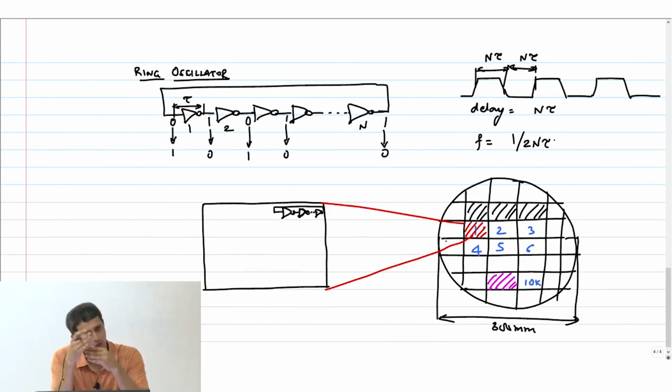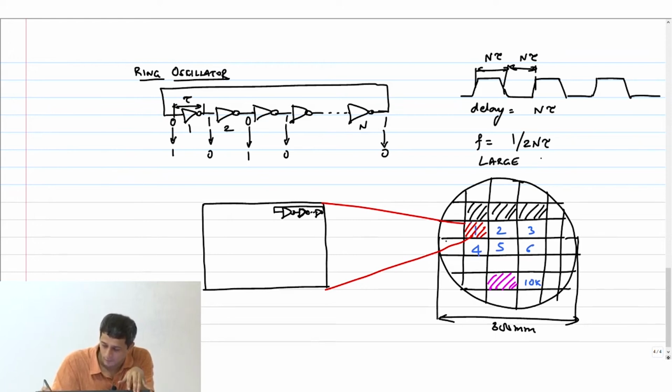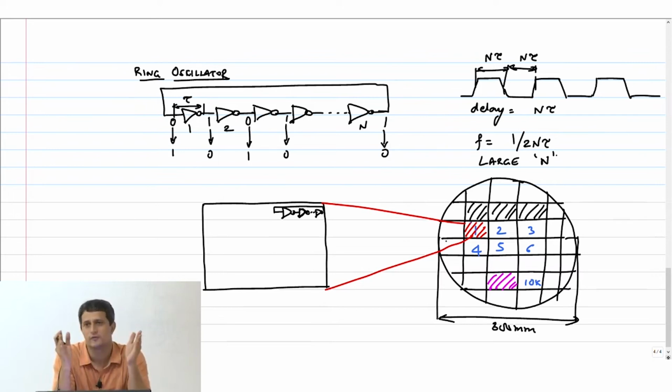Okay, so you have to do a lot of things to, first of all, get this signal out of the chip. If you want to do on-chip measurement, that's a different story, right? But if you want to get this out of the chip and make a measurement outside, then you have to slow this down significantly. So therefore, what people do is they choose very large n. First, so that the frequency itself is somewhere in the hundreds of megahertz range.